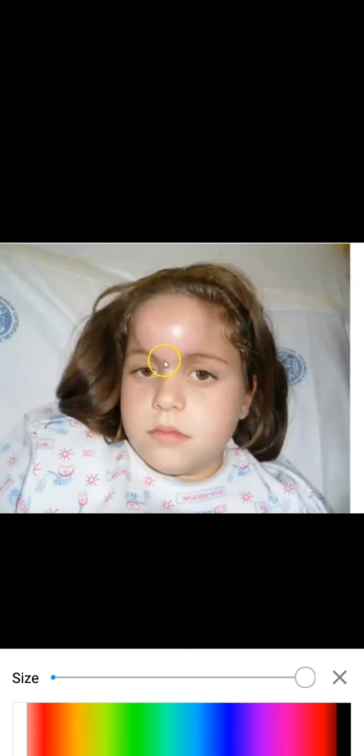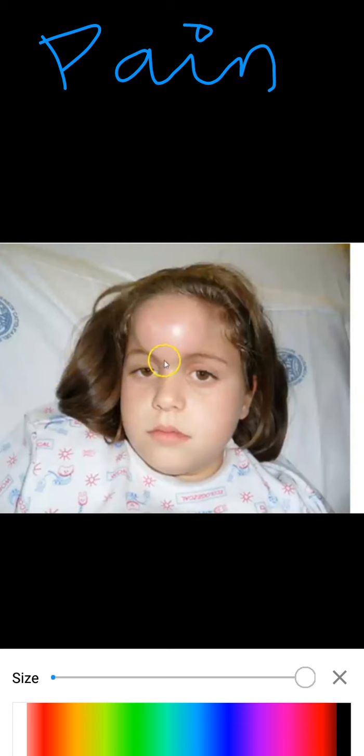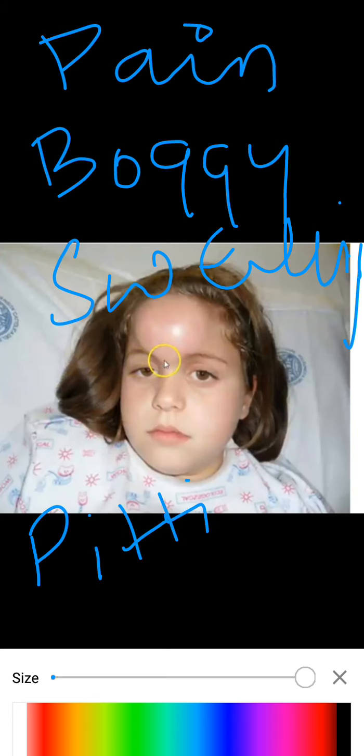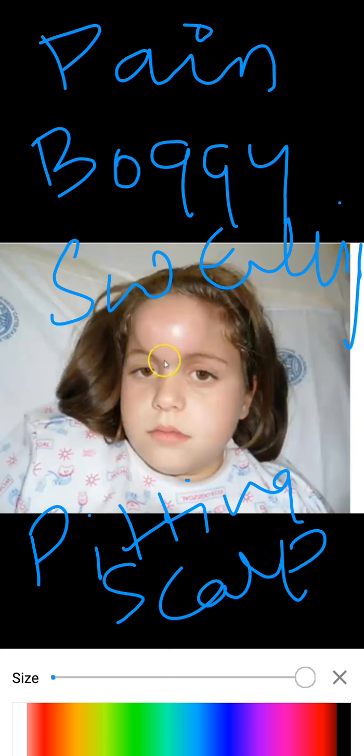Now come to the point, what are the clinical features? That is your pain, then bogey swelling, and also the pitting scalp edema.